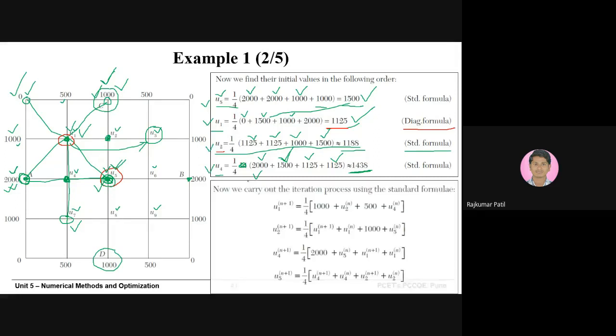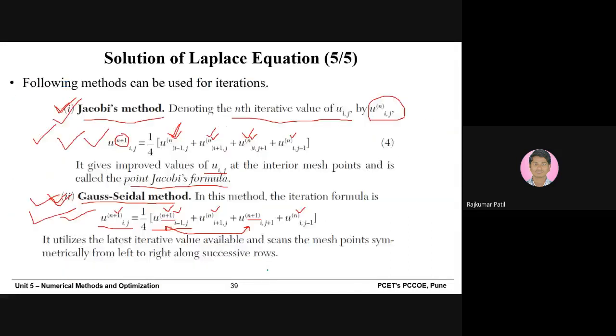And once you get the initial values for u5, u1, u2 and u4, what you need to do is, by using the Gauss-Seidel method, prepare the general equation for doing the iterations. So here, we saw that we can use this formula to do the iterations. Here you have u raised to n plus 1 in the first term, u raised to n in the second, u raised to n plus 1 in the third, and u raised to n.